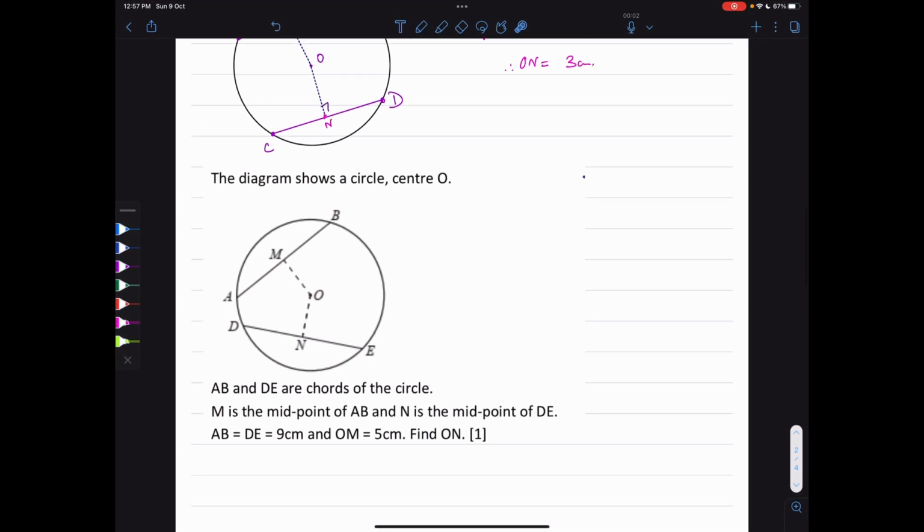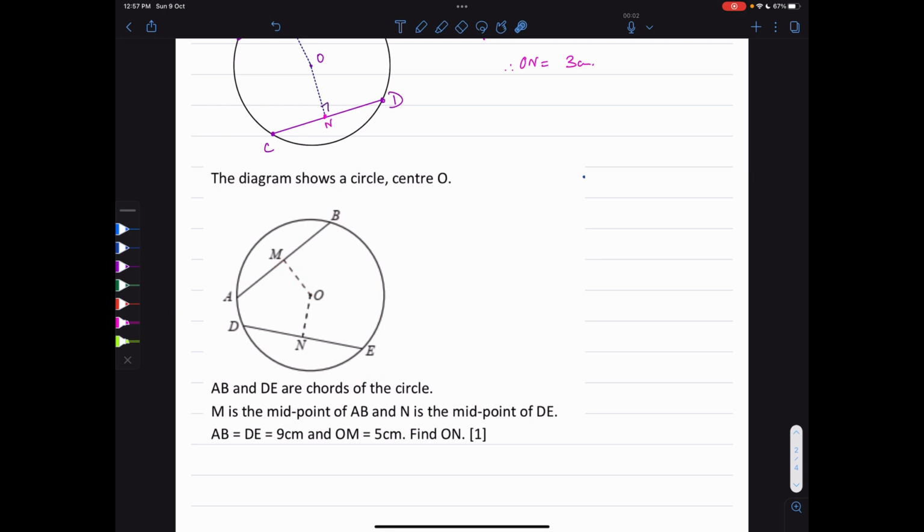Let's look at a question over here. A diagram shows a circle with center O. AB and DE are chords of the circle. M is the midpoint of AB and N is the midpoint of DE. First of all, if it is a midpoint, then this line OM should be perpendicular.